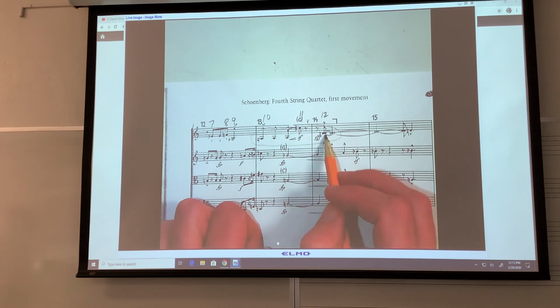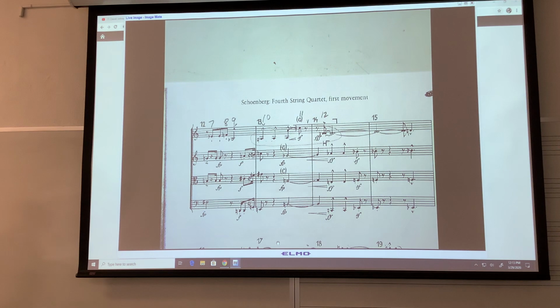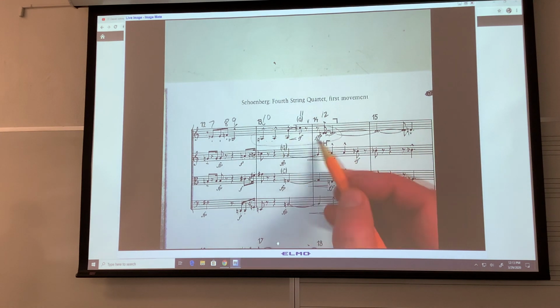A, C sharp, D. And I wonder if he thought about that as, even though it's not tonal, if he thought about D as some kind of important unifier note or goal note, since it starts at the very beginning with D, and then here when we've gotten to measure 14 with this triple forte, we have that.